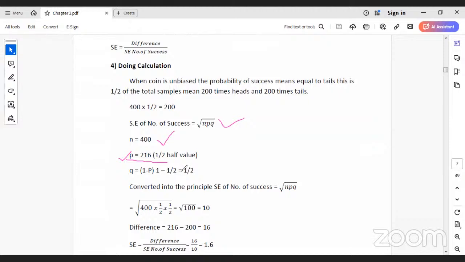So under root NPQ is 400 into 1 by 2 into 1 by 2, that is 100. Under root 100 is 10 only.